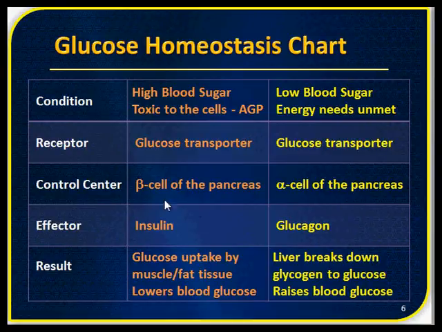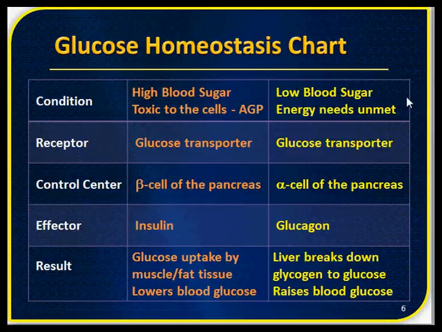This is what happens in diabetes. In diabetes, this effector hormone is not functioning properly, either it is deficient or it is not effective. That is insulin resistance, so glucose uptake is reduced and then blood glucose remains higher and AGEs will produce toxicity to the cells. But normally in a non-diabetic person, the insulin takes care of it and prevents the surges in the blood glucose.